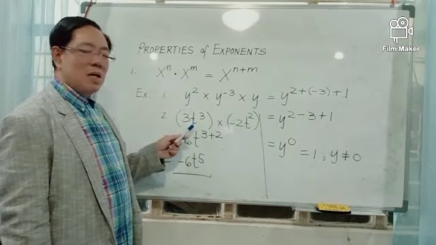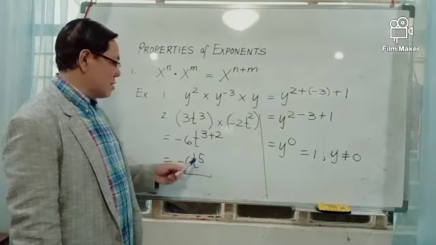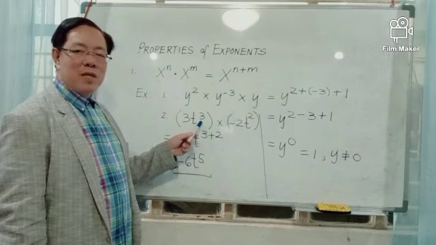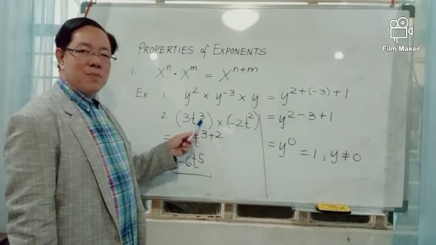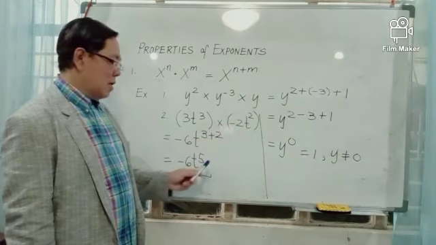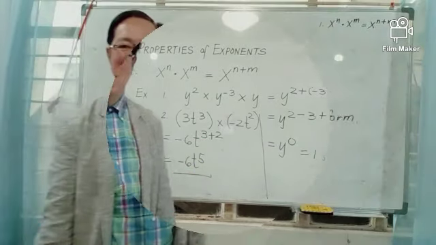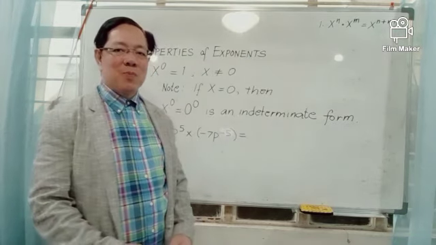Copy the common base. The common base of t cubed and t squared is t. And add the exponents of t in the given factors. 3 here plus 2 here is 5. We are done with the first property of exponent.